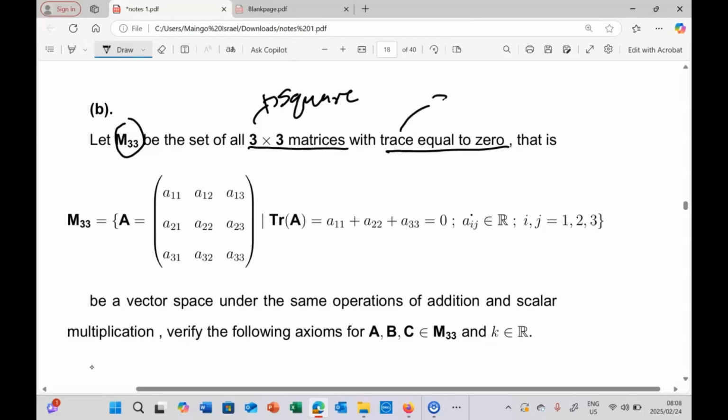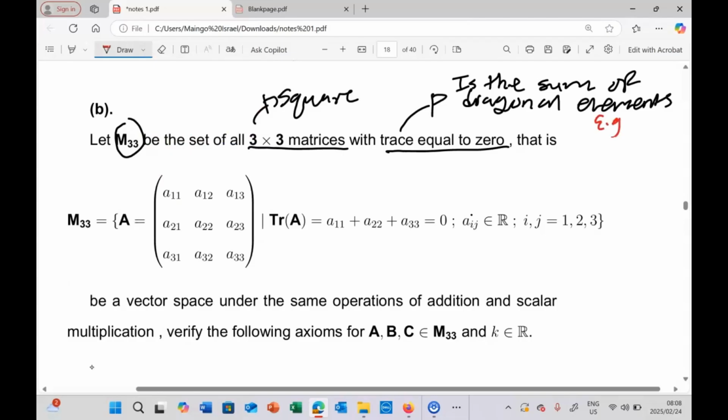Do you know what trace is? The trace is the sum of diagonal elements. That means the sum of diagonal elements is equal to 0. For example, if we take a matrix A, B, C, D, this is M22.